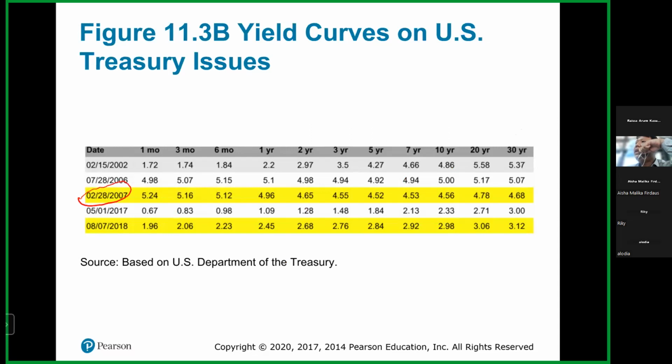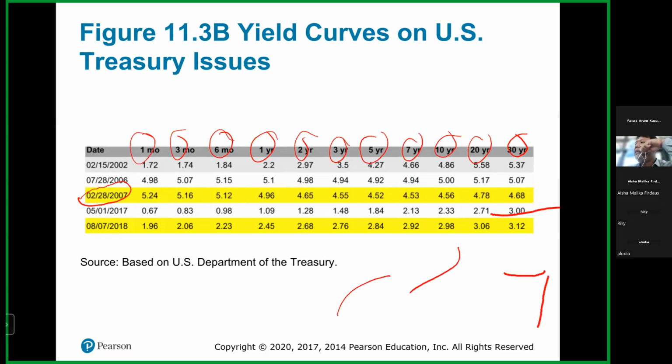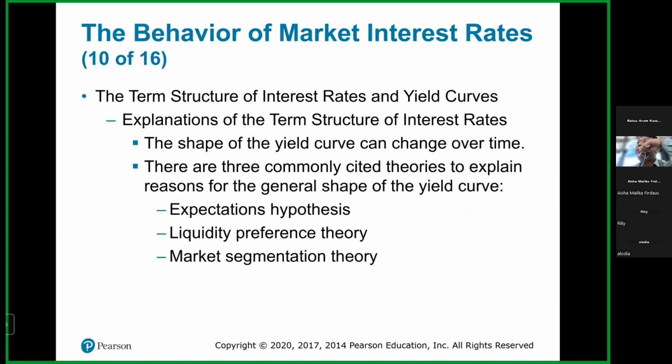This is the maturity of the securities. And if we look here, we have two kinds of trend, a downward trend and an upward trend. We will learn about why these yield curves have two different shapes.